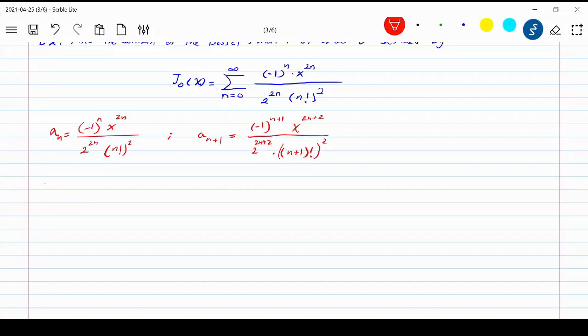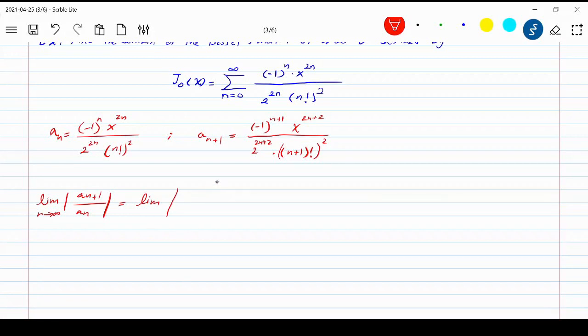Now let's do the ratio test. a_{n+1} divided by a_n, and you can calculate the limit as n approaches infinity. So this becomes the limit.